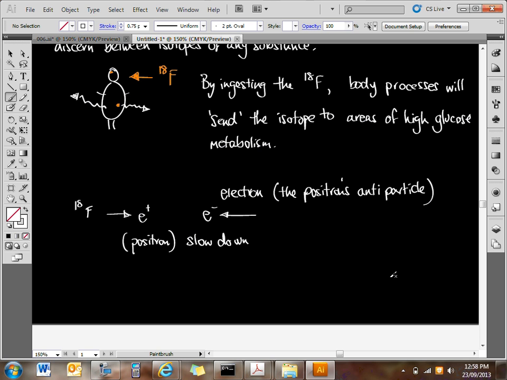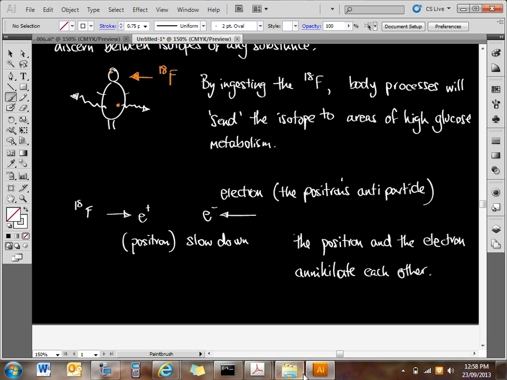I might get a new page. The positron and the electron annihilate each other.